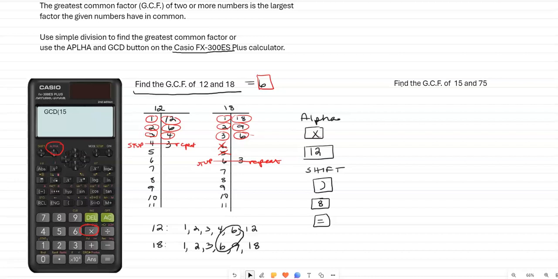So you're going to press the Shift key and then the open parentheses. Once you do that, you'll see the comma on your screen after the number 15, and then you type in the number 75 and then press the equal button.